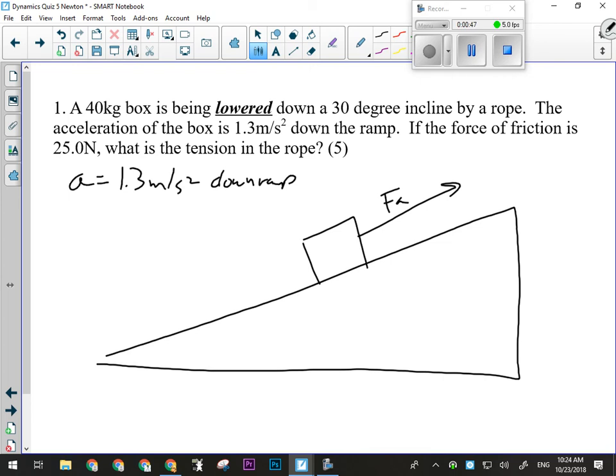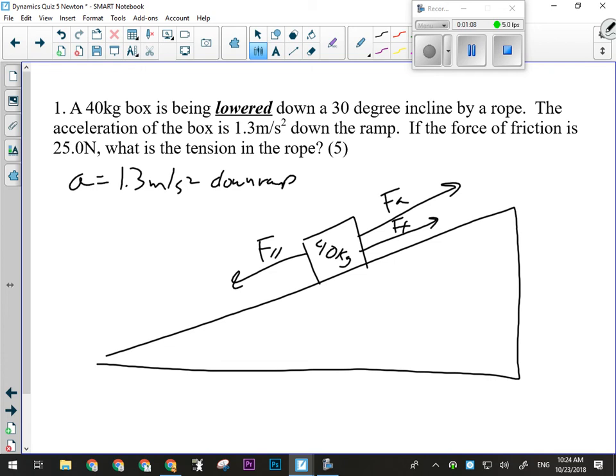Which way is that acting? Up the ramp. If the box is moving down the ramp, then friction's acting up the ramp. So the force acting down the ramp is F parallel, and we know that the box is 40 kilograms.